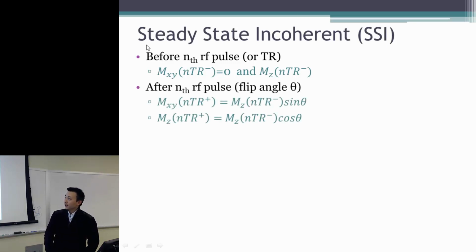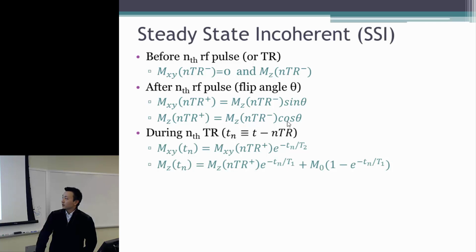After the nth RF pulse, which has flip angle theta, we will have flipped this magnetization by the angle, sine theta, to the transverse plane. And what is left in the longitudinal axis would be this one multiplied by cosine theta. This is a very simple concept.